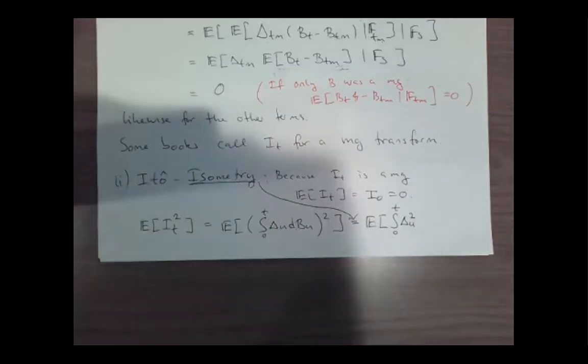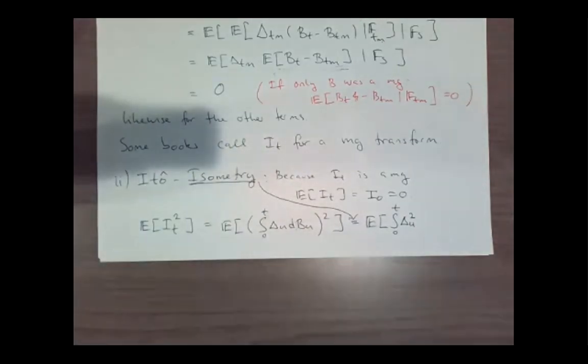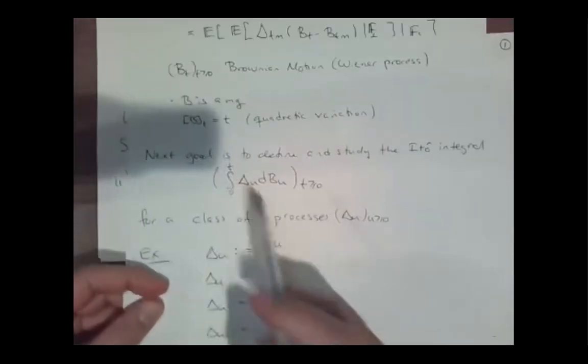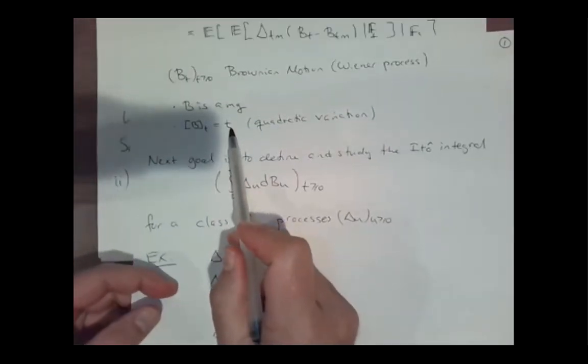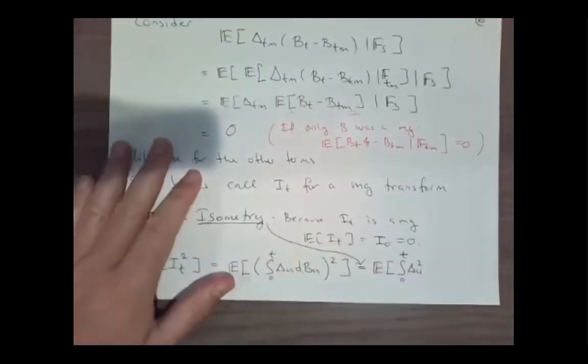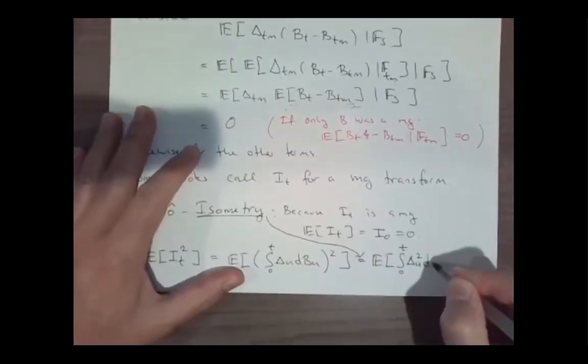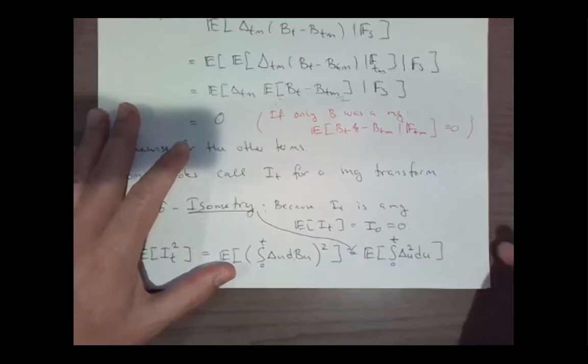Remember, the quadratic variation of Brownian motion is something we already talked about. Quadratic variation of Brownian motion was time. So you get du here.